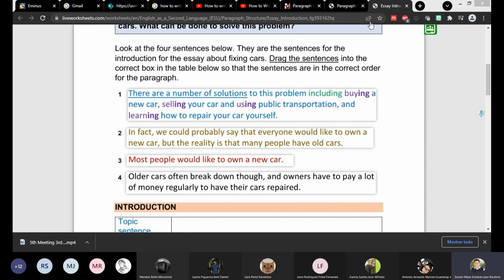Who can help me to read sentence number 2? Go ahead, Frida. In fact, we could probably say that everyone would like to own a new car, but the reality is that many people have old cars. All right.